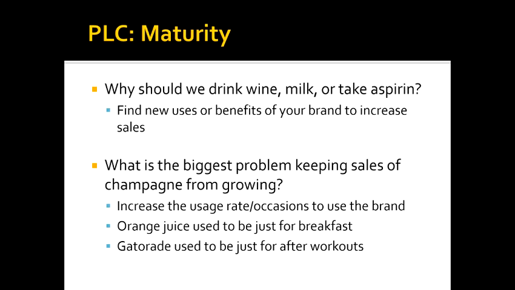Take Gatorade. Gatorade started off as a drink that you take after exercising to replace electrolytes. Now you can drink Gatorade anytime: pre-workout, during your workout, afterwards, and socially. So Gatorade, which is owned by Pepsi, has done a wonderful job increasing the situations or occasions that you can use Gatorade.